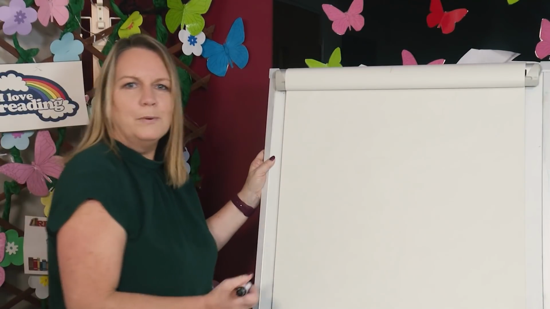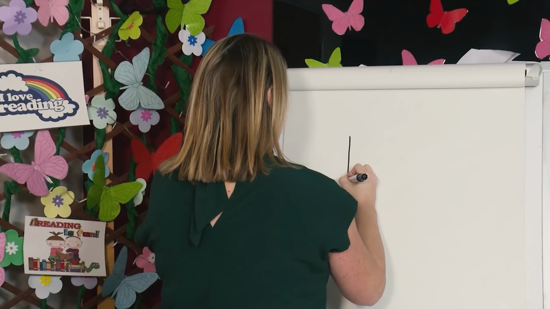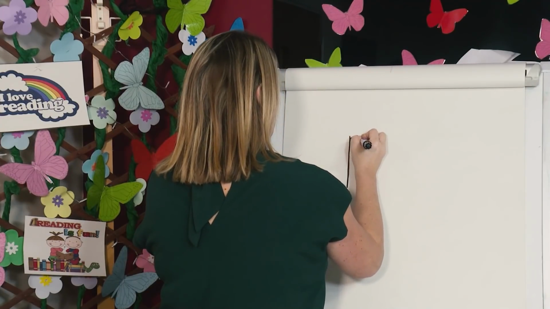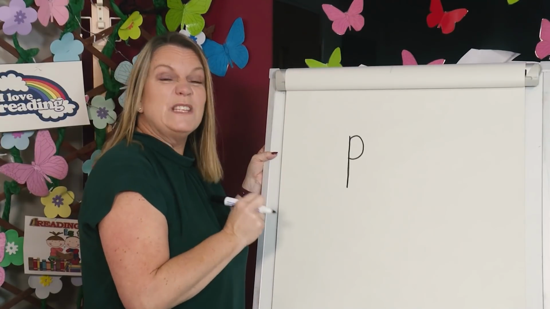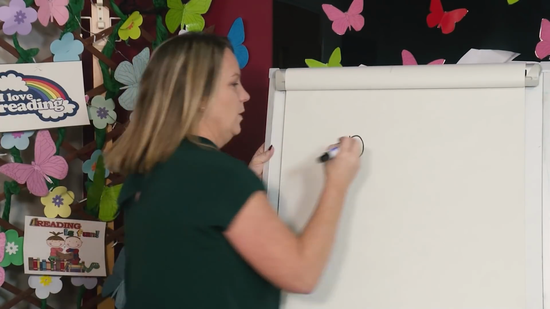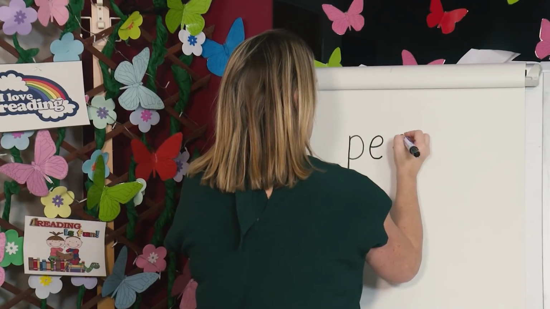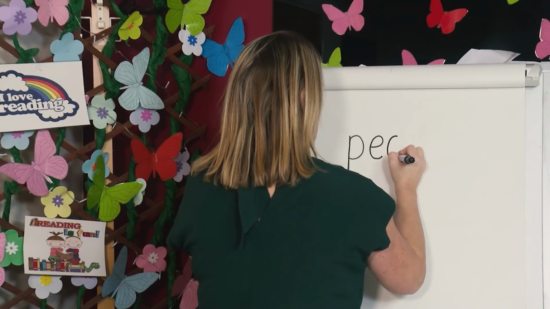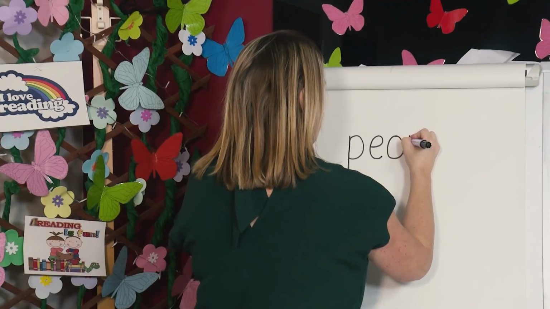Watch me write people. P. E. Remember, the sound E is written with the letters E and O. P is easy, the next bit.